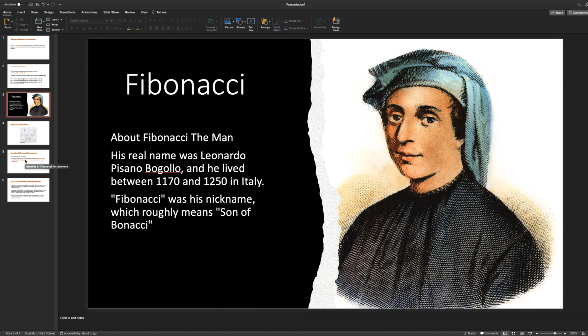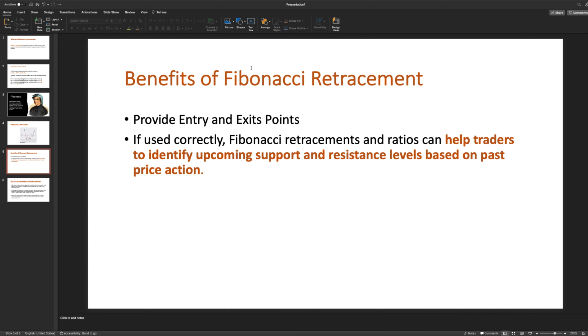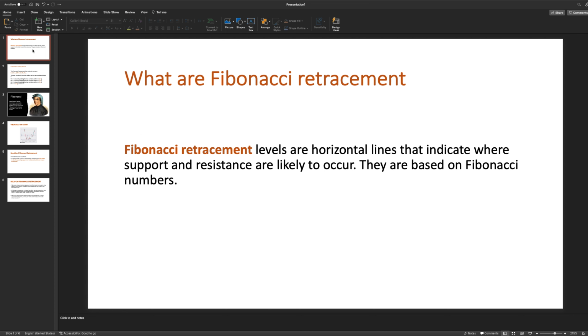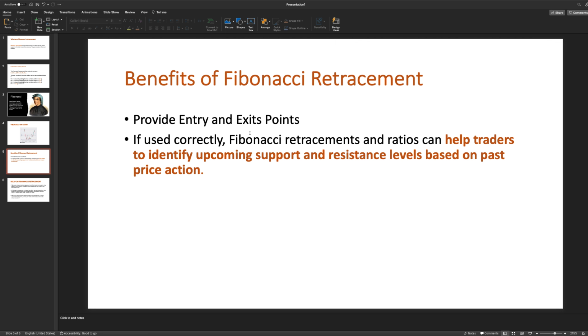One might ask, because some people have asked me, what are the benefits of Fibonacci? The benefit of Fibonacci retracement: remember, we said Fibonacci retracements are just the key levels or horizontal lines that show support and resistance levels. The benefit of these support and resistance levels is that some traders use them as a strategy.